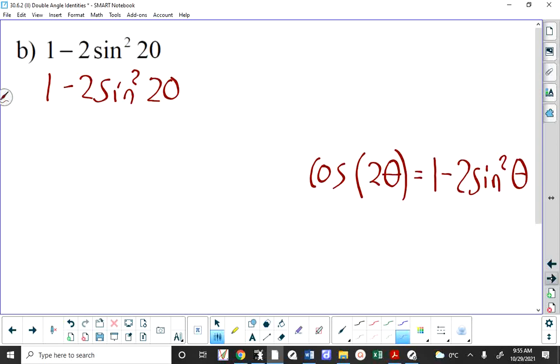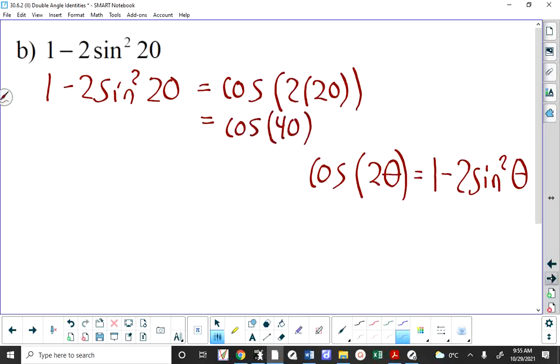Which means this is equal to cos of 2 times theta, it's equal to cos of 2 times 20. It's equal to cos of 40 radians. Nothing really difficult with this first set of examples. Once again, you're looking on your formula sheet for an identity that fits the pattern in the question.